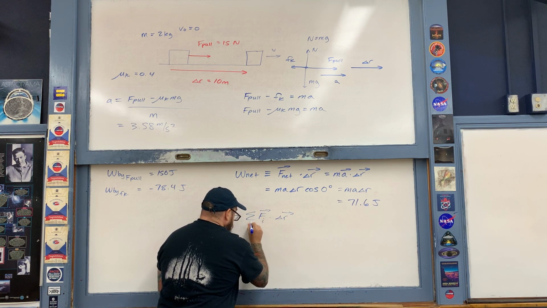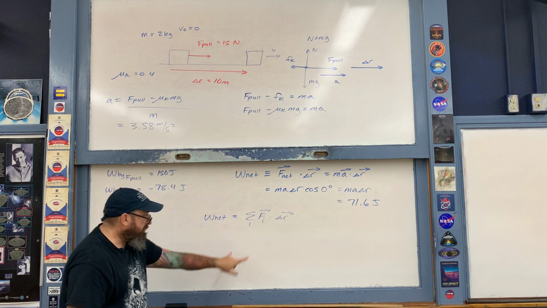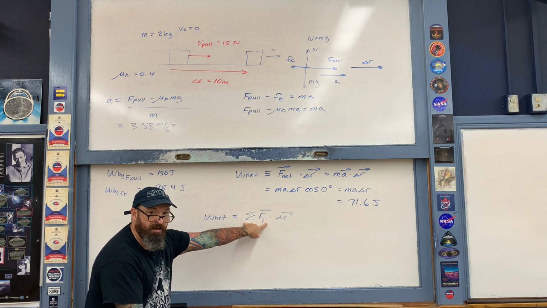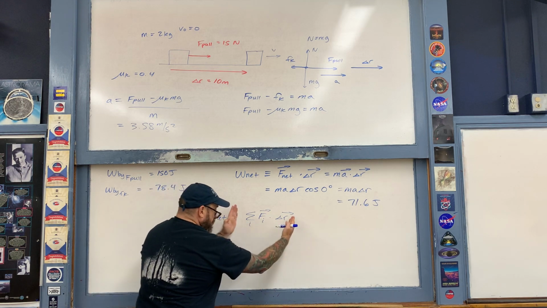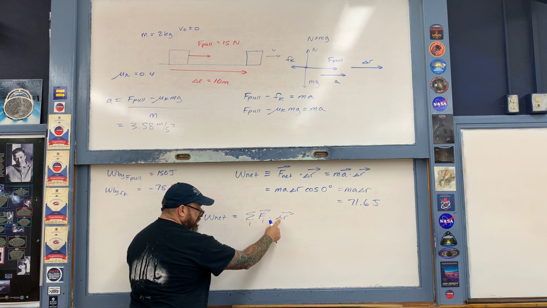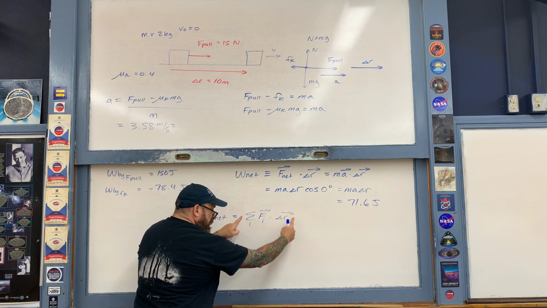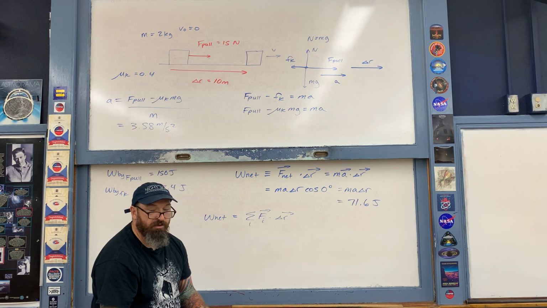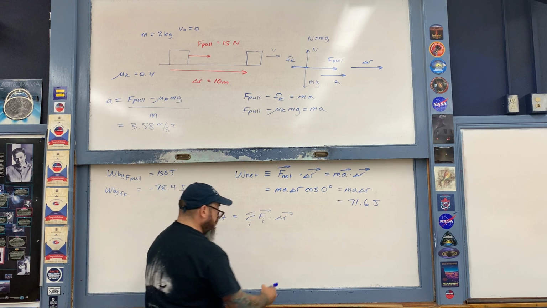I'm going to use the letter i here as an index. You can think of this right here as force 1 plus force 2 plus force 3 and so on. And then what we do is multiply by the displacement vector delta r. In other words, what we're adding up here very simply is the work done by the individual forces, which we can mathematically write in the following way.